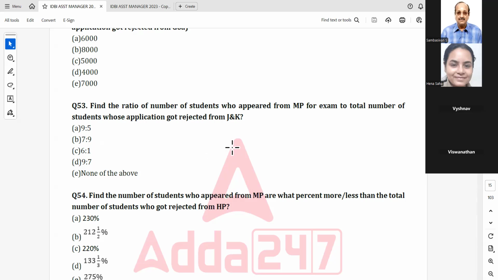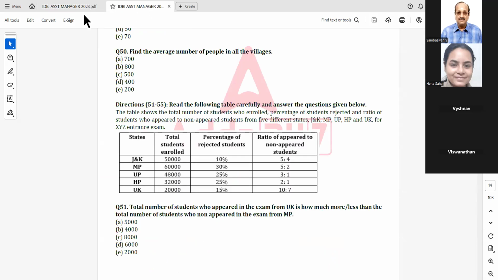That from the table. Jammu Kashmir, 50,000 students, 10% rejected means 5,000 only. Correct. Yes, sir.